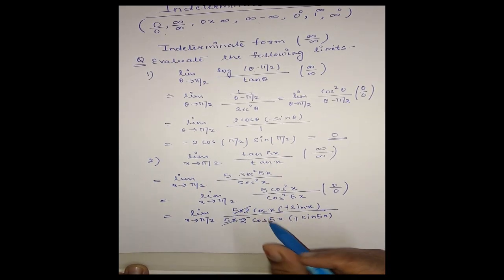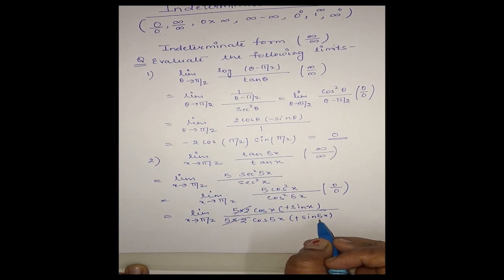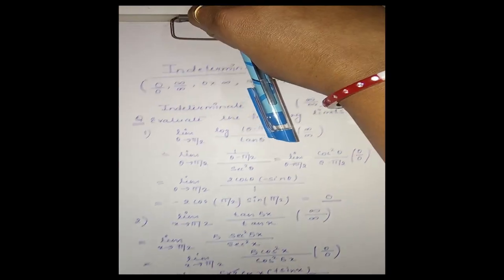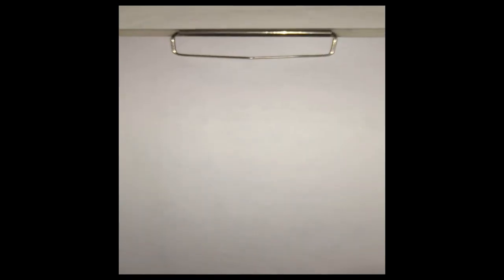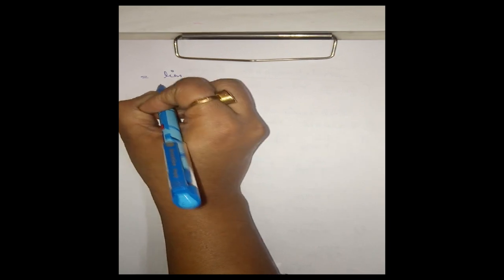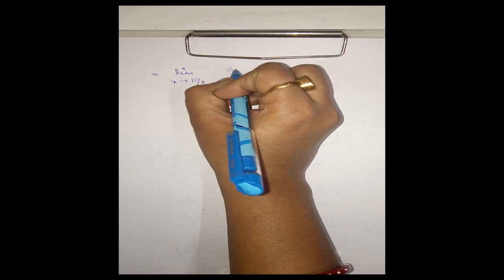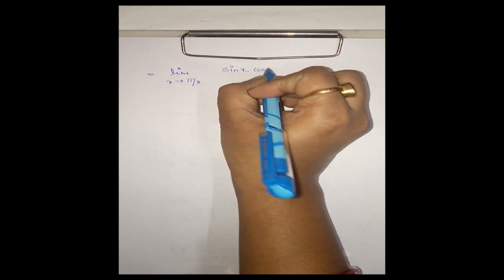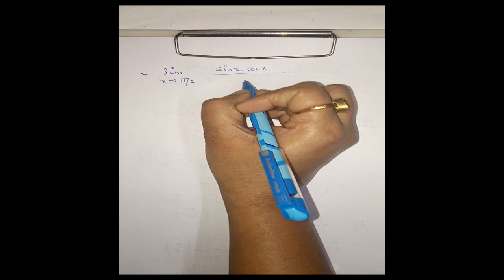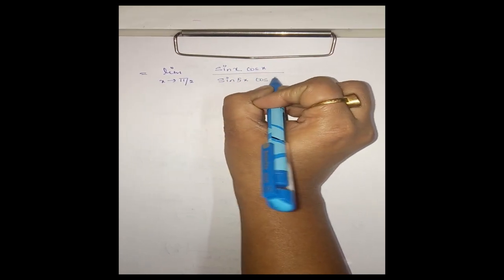That means we are left with limit x tending to pi by 2, in the numerator sin x cos x divided by sin 5x cos 5x.